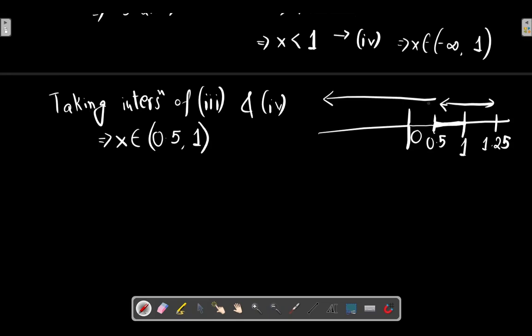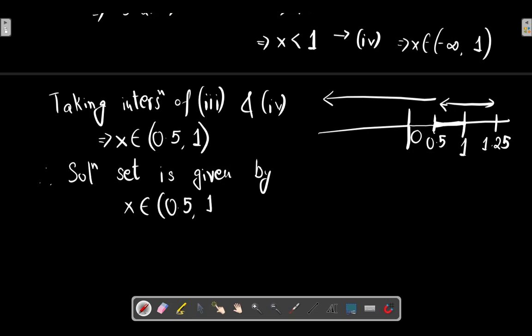It covers both equations 3 and 4. Therefore the solution set is given by x belongs to 0.5 comma 1, or half comma 1. And this is the final answer.